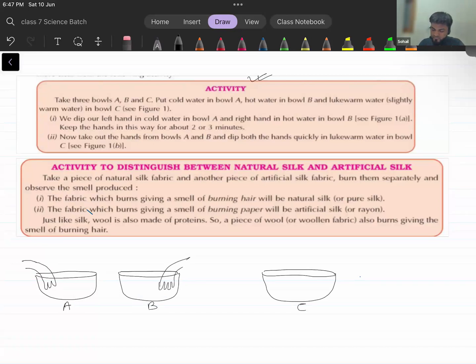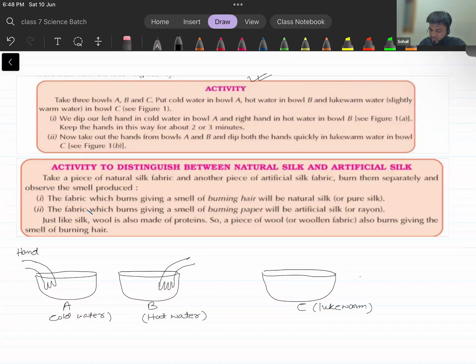Keep the hands in this way for about 2 to 3 minutes. Now take out the hands from bowls A, B and dip both the hands quickly in lukewarm water in bowl C. See figure 1B.